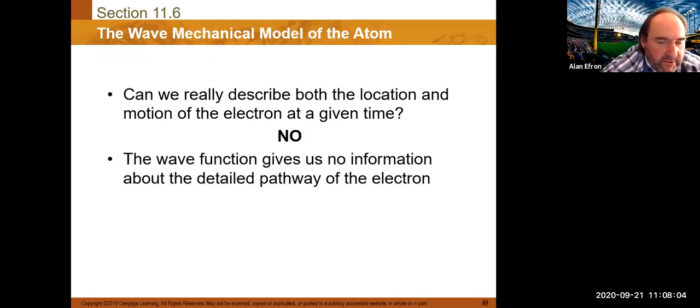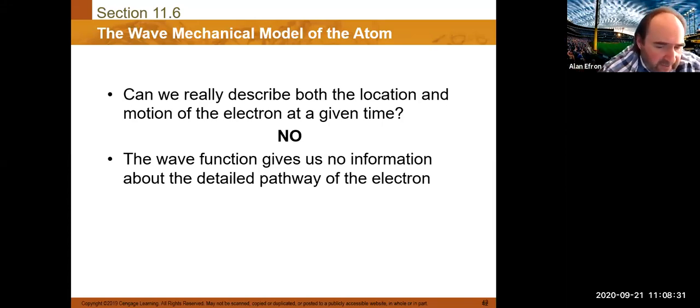So can we really describe both the location and motion of electrons at the same time? No, and that's what's referred to as the Heisenberg uncertainty principle. It basically says the more you know about the location of an electron, the less you know about how it's traveling, and vice versa. The more you know about its velocity, the less you know about its particular location.